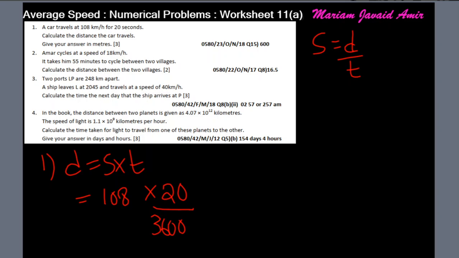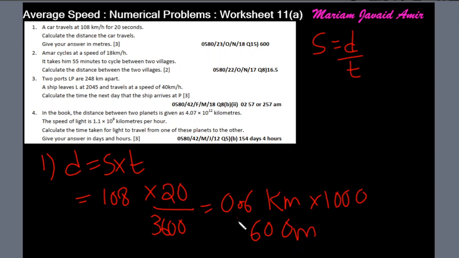So we directly divide by 3600. So 108 times 20 divided by 3600 gives us 0.6 kilometers. Because the speed was in kilometers per hour, but we need the answer in meters, we multiply it by 1000 and we get 600 meters.